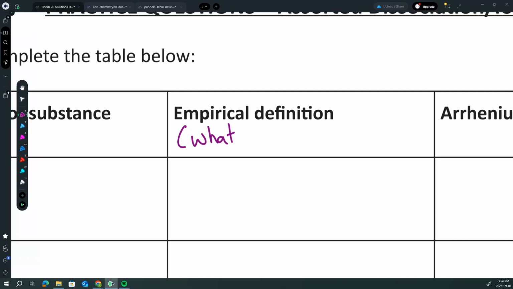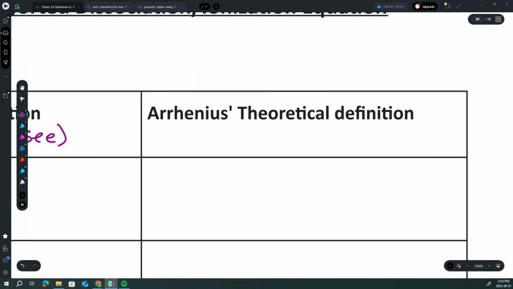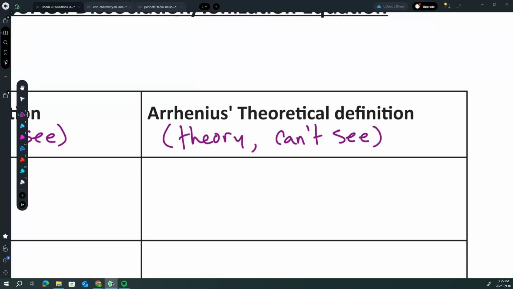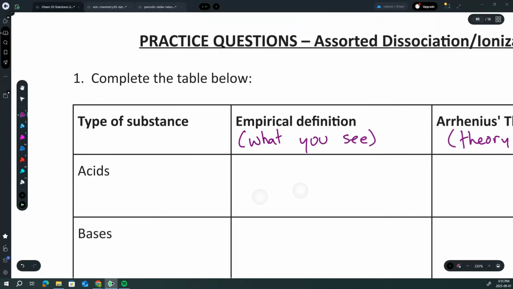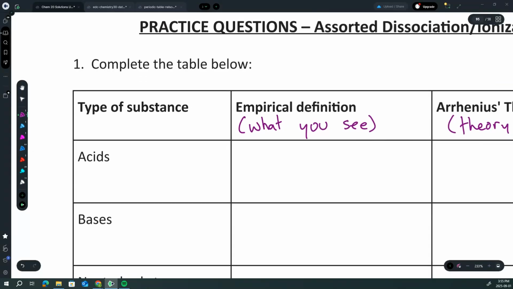But with this one, it's more so what we see. So Arrhenius theoretical, you're not going to be able to see this, okay? But it's just theoretically what's happening. Theory, can't see. Okay, so for acids, we can test them with something called litmus paper.